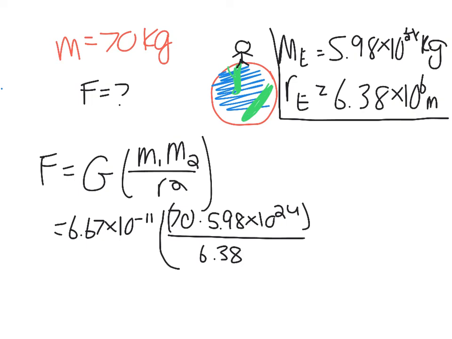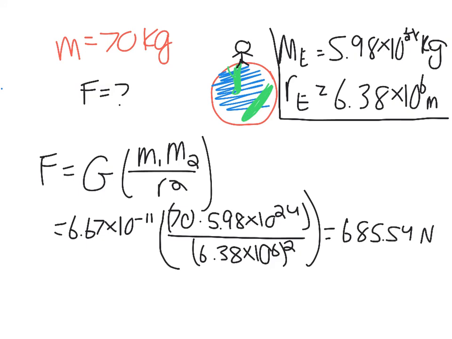It's kind of cool I made that mistake because that is a very common mistake I see in these problems. Sometimes big numbers can really mess us up, so make sure when you're doing this with your calculator you're going a little bit slower. Now, from here I can work this out on my calculator and I should get 685.54 newtons. Now, what we know from the previous slide is that my force should equal mass times gravity.